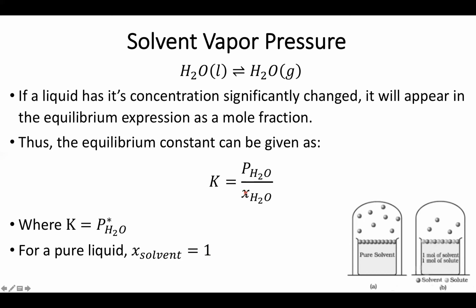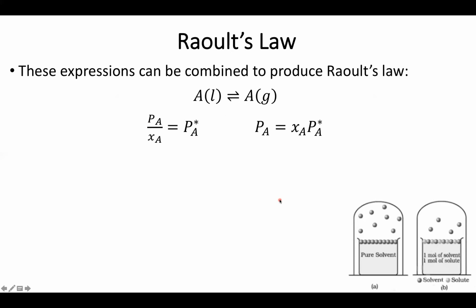Now, what we're going to note is that as I start adding in solute, we're going to watch the mole fraction of the solvent decrease, which as a result will change the effective vapor pressure of my solvent. So what we can do is rearrange our previous expressions, replace our equilibrium constant with the vapor pressure of the pure liquid.